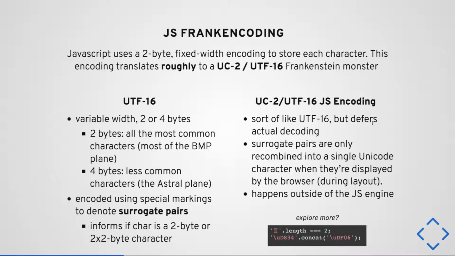In JavaScript, it works sort of like that, but also sort of like UCS-2. This is at a string level. There are other parts that are actually UTF-16. This is why we're having this issue: in parts of JavaScript, it defers to the rendering, that reorganizing of surrogate pairs.